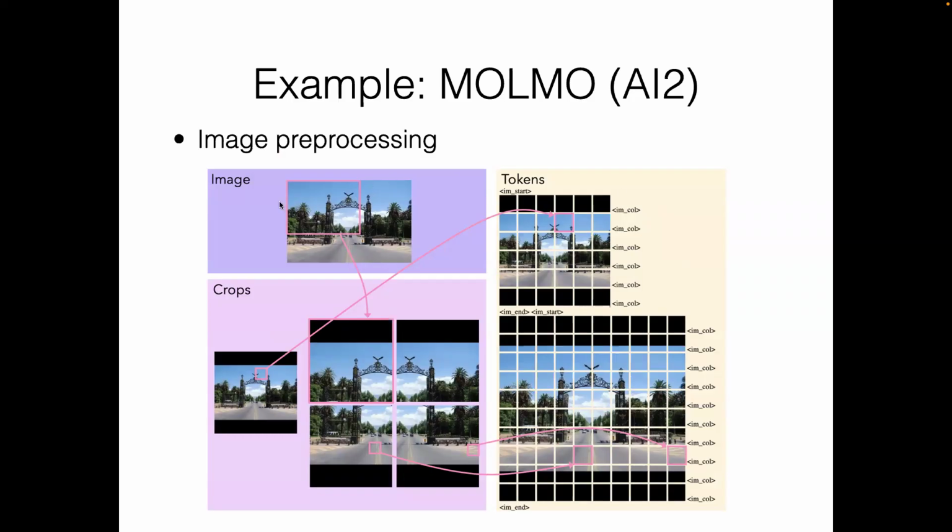Here you could have a really high resolution image, for instance, and you could take a crop just corresponding to this part of the image and then turn that into patches. And similarly do that multiple times. So you can start stacking up all these different tokens corresponding to the same image. There are a lot of these different tricks you can do, and they end up leading to better performance.